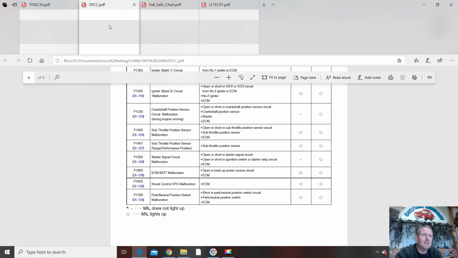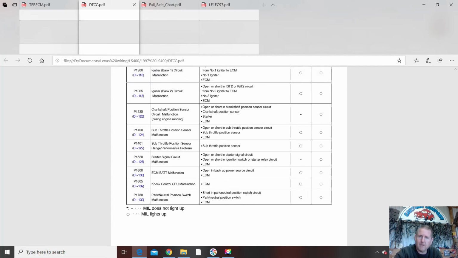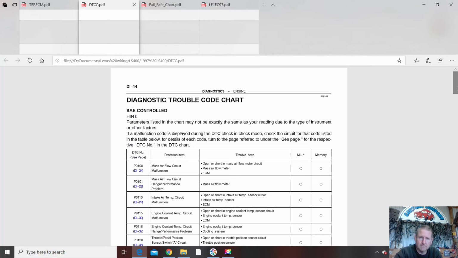I've got diagnostic trouble codes. We'll have a look here. I have the diagnostic trouble code chart. So this has flash codes and the OBD2 codes.